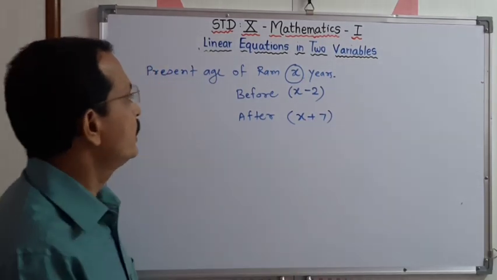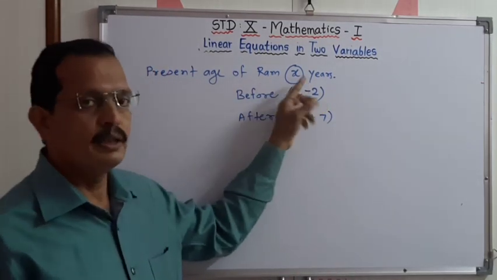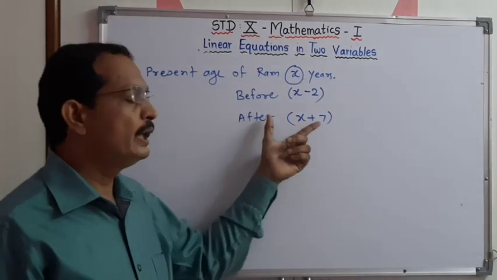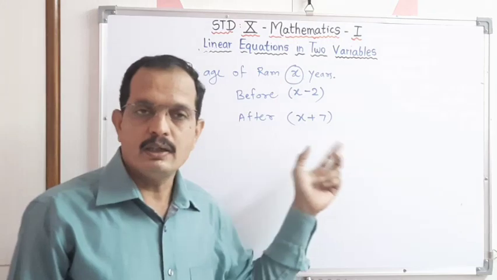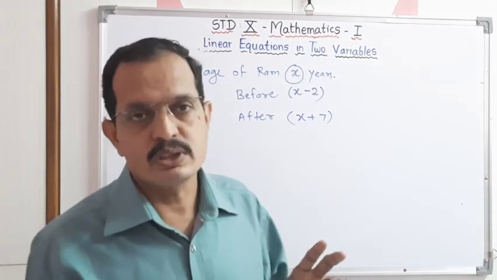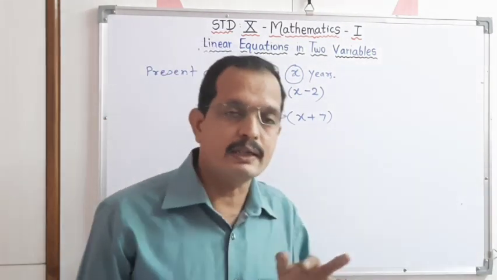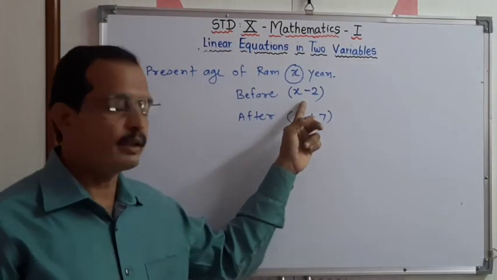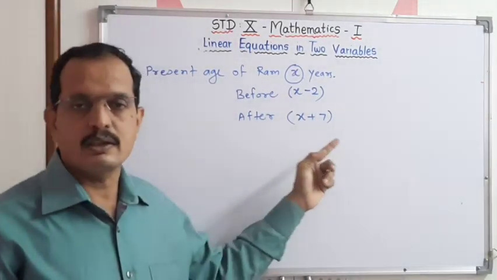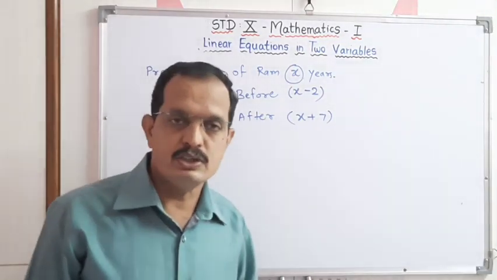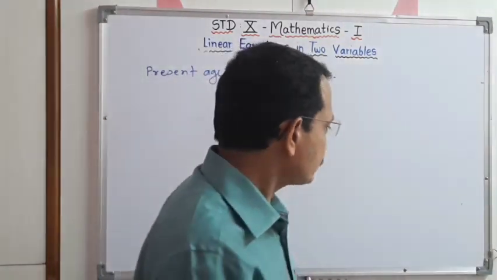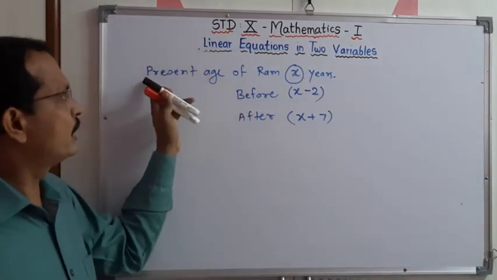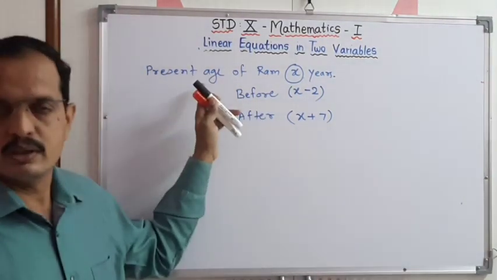That means if the present age of Ram is x, then after 7 years the age of Ram will be x plus 7 years. You have to remember, if before is there, we subtract, and if after is there, we make the addition. This is about the questions related with age.